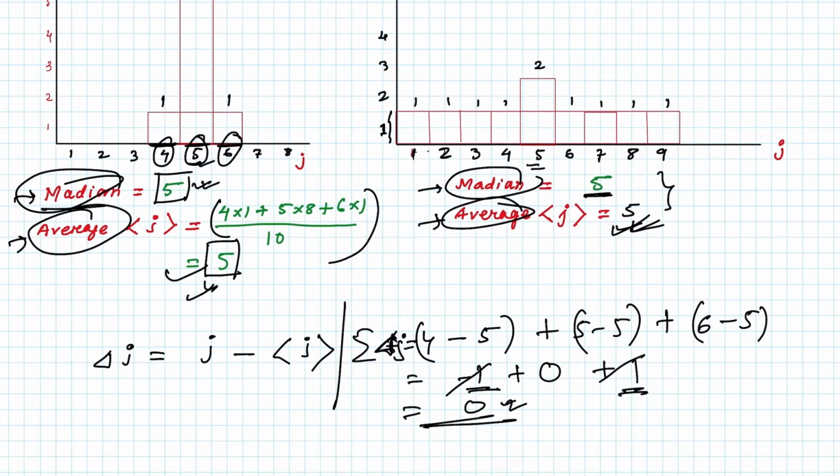In order to overcome this disadvantage, we need to find the variance. We will find the average of the square of these deviations, then we will get a positive value, isn't it?